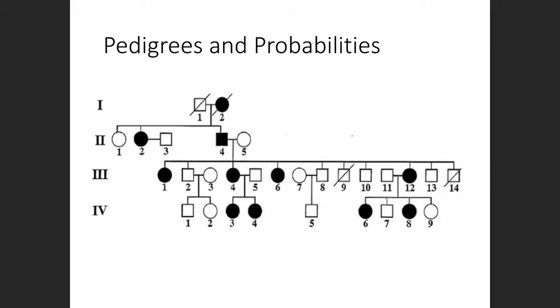So for example, here we go. We have these two individuals here, individual 311 and 312. What is the probability of them having an offspring that is going to have the condition, for example? Well, we can see that individual 311 doesn't have the condition.